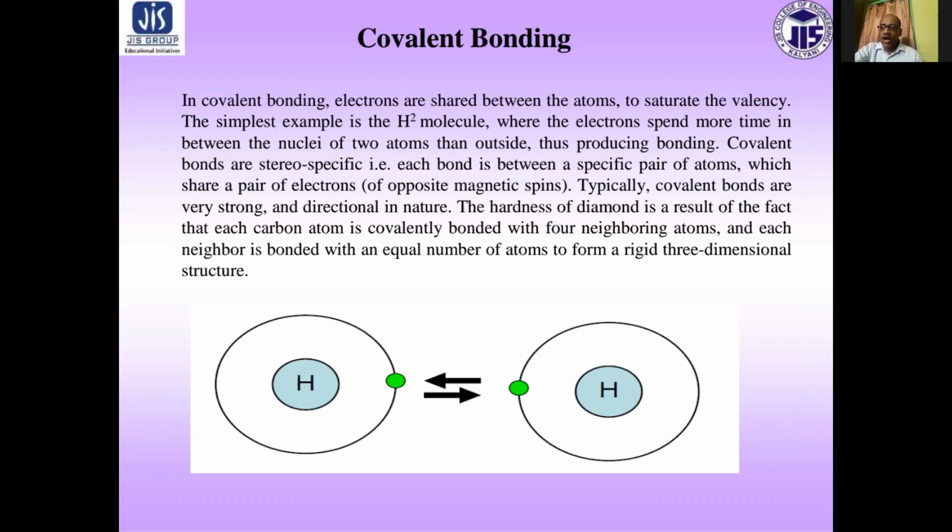So the two hydrogen atoms are coupled to each other. That means their two electrons are shared by the two atoms simultaneously, thus producing a strong covalent bond.